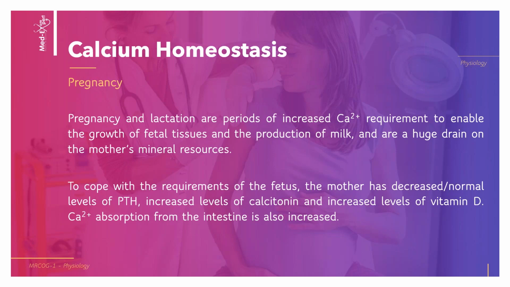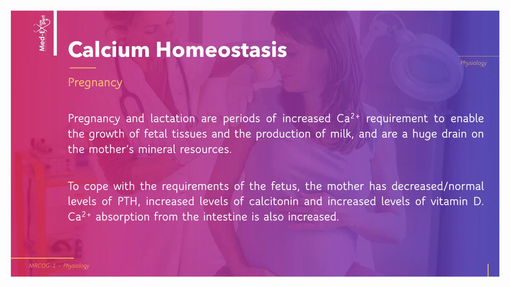And to cope with these requirements, there are some changes which happen in the pregnant lady to help with the requirements needed by the fetus. They found that the parathyroid hormone is usually normal, or there is some decrease in the level of parathyroid hormone, but that can be balanced by a huge increase of the vitamin D levels, because vitamin D is required for absorption from the intestine.